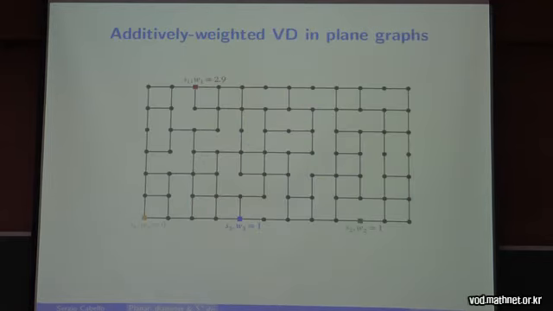So I'm going to be using this for planar graphs. You can define Voronoi diagrams there. You can define them for arbitrary graphs, but in planar graphs, the dual graph will also be useful. Okay, so let's take this graph. Every edge has unit weight, and I have 4 sites. One is here, 2 is here, site 3 is here, and 4 is here, and they have certain additive weights.